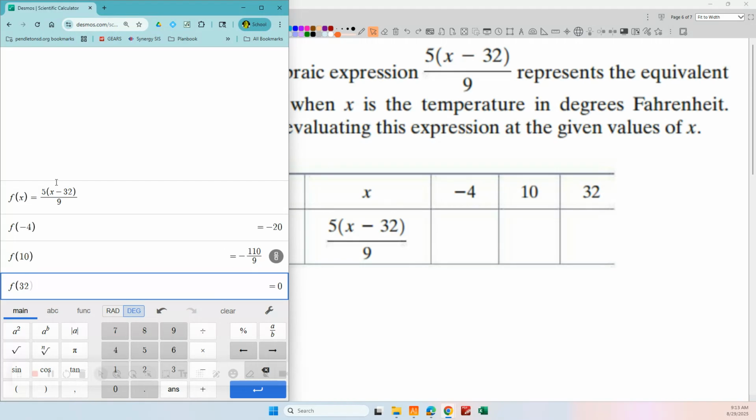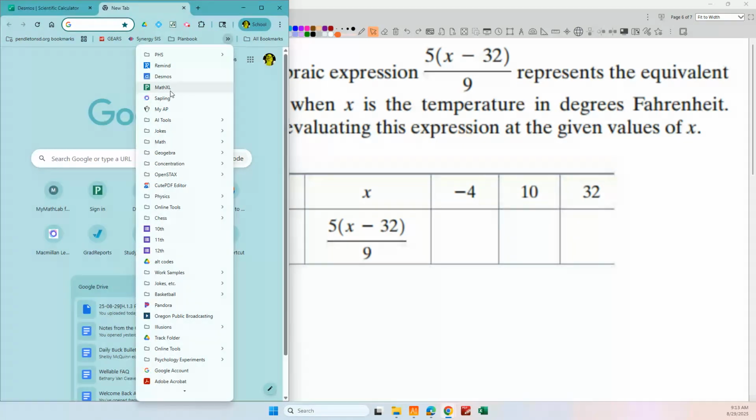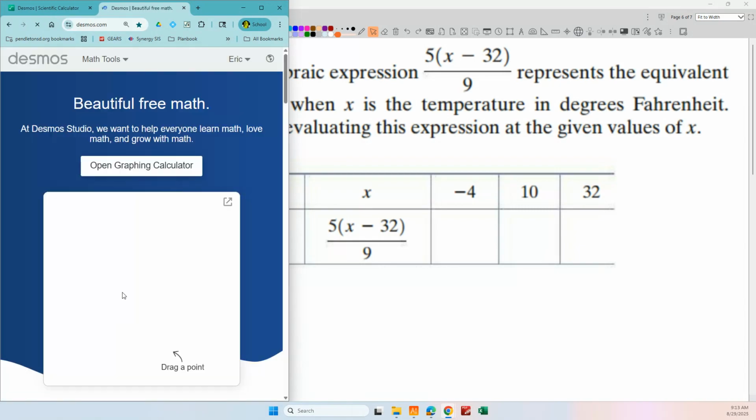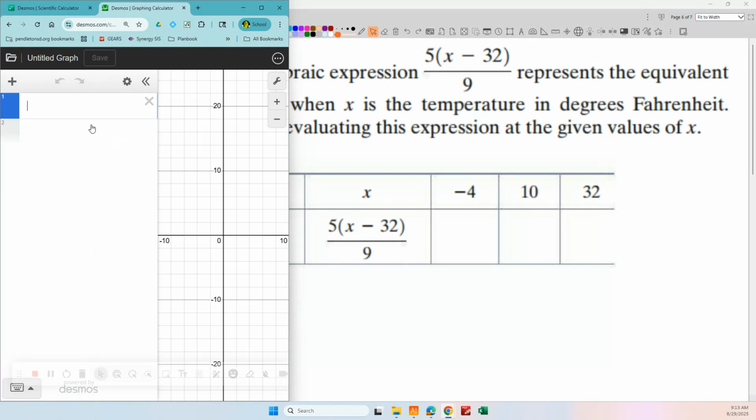Okay, I'll show you something else that's kind of nice here. A little technology piece. If we go to Desmos graphing, I can do something similar. I can define the function f of x equals 5 times the quantity x minus 32 divided by 9.